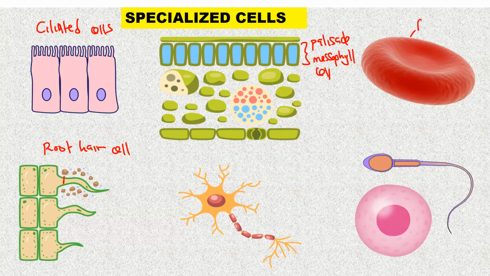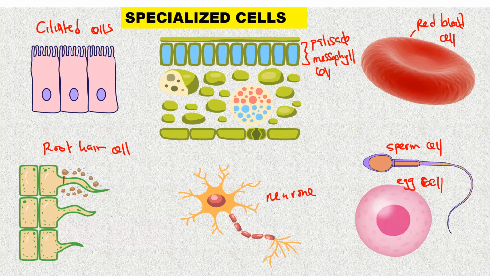Then, of course, this is the red blood cell. Then this is the sperm cell. Then this is the egg cell. Then this is the neuron. So these are specialized cells that we focus on.